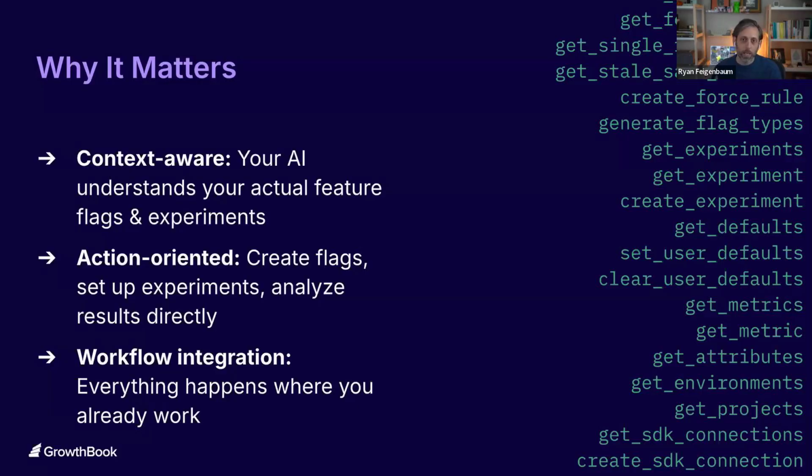It allows you to create flags, create experiments, analyze experiments, and do all kinds of actions in GrowthBook and with your code. And finally, it allows for a really nice workflow integration where you don't have to leave your AI tool of choice to get information or to do things. You can have it all in one place. And the text on the right here shows the different tools that are available in the MCP server. You don't need to know any of that, but it gives you a little preview of all the different things that you can do.